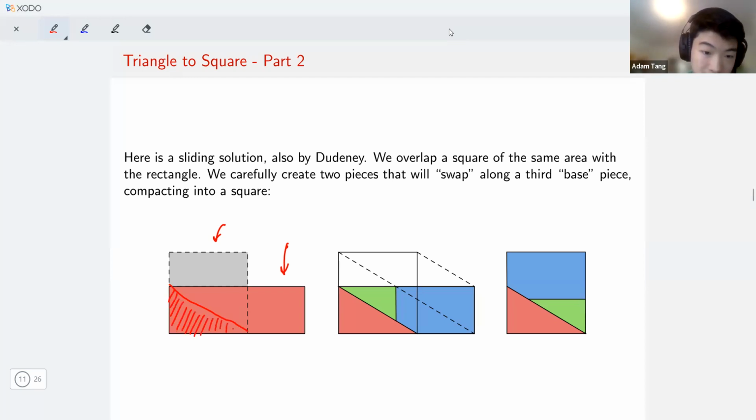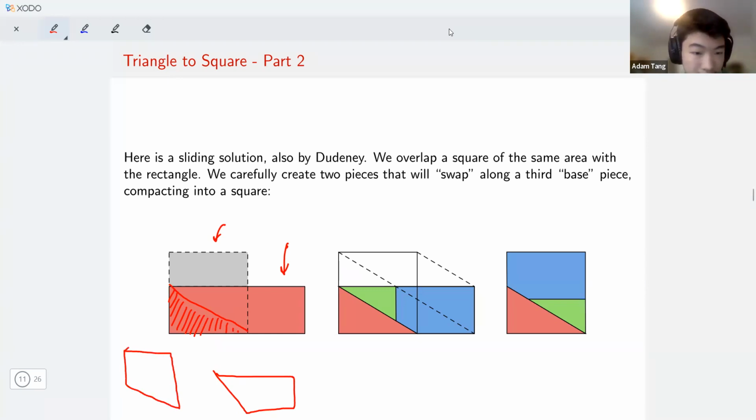Then we need to turn the rest of the rectangle into the rest of the square. So now we need to figure out a way to do that.